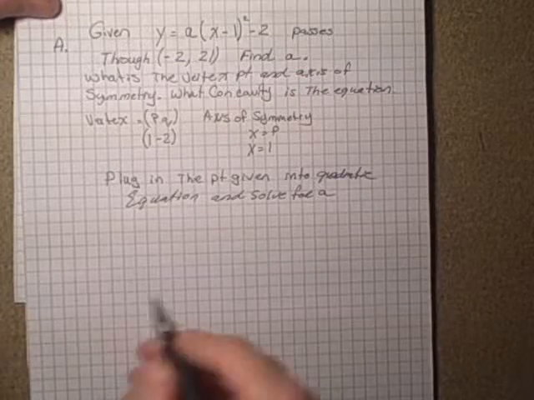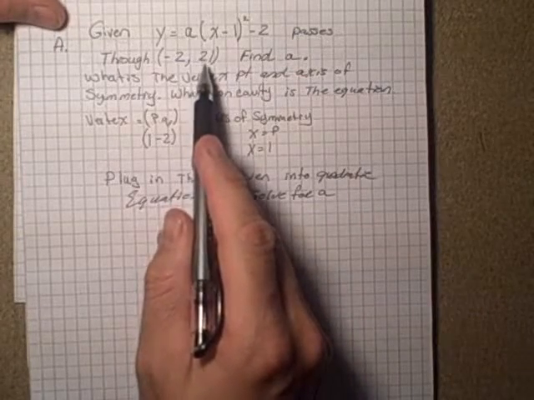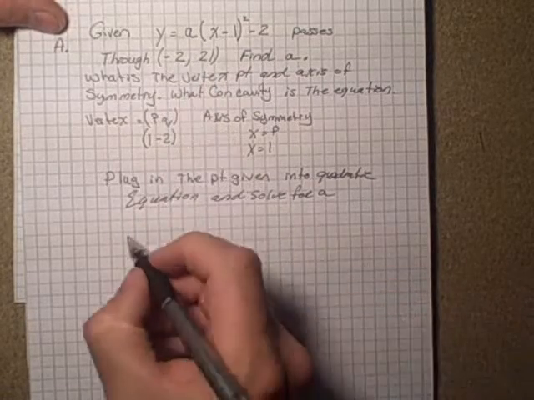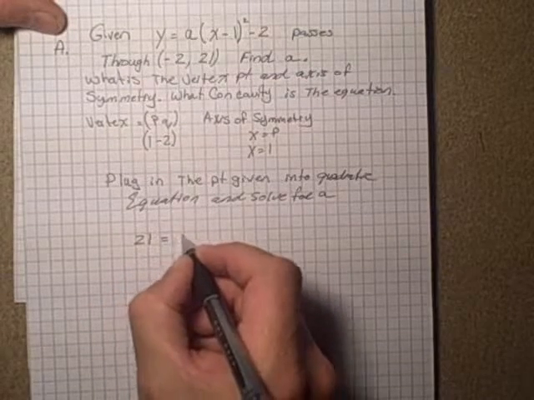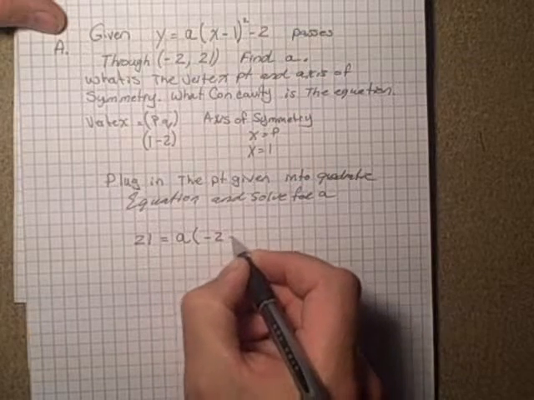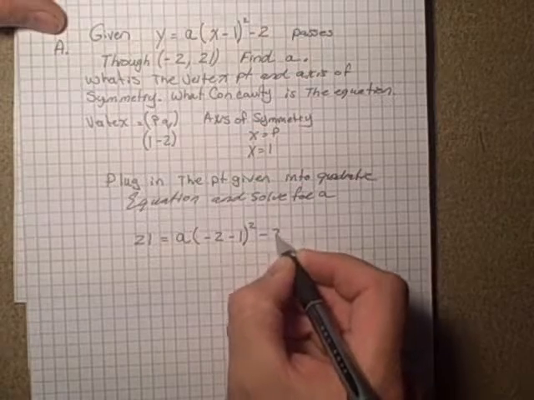Okay, so we're going to do that. We know that y is 21 and x is -2. So let's plug those in. So y, 21, is equal to a times (x, which is -2, minus 1) all squared minus 2.